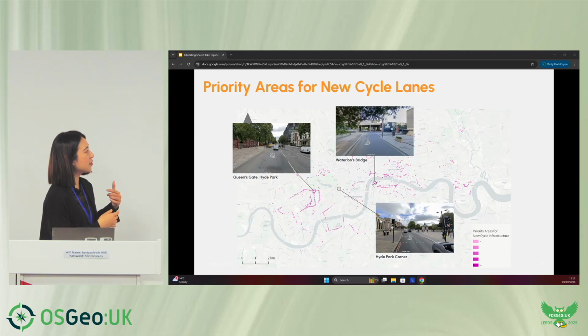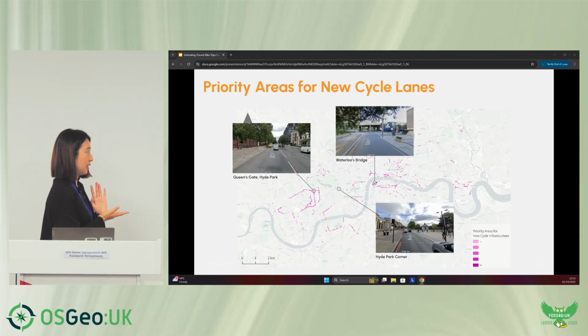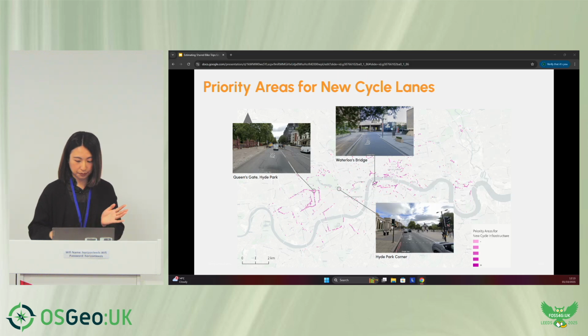When I try to cross the road, I have to wait on the pedestrian lane or compete with cars. So I find it very interesting that this analysis result did show the reality. And these are the 3 main hexes that have the most demand for trips but lack cycle infrastructure.